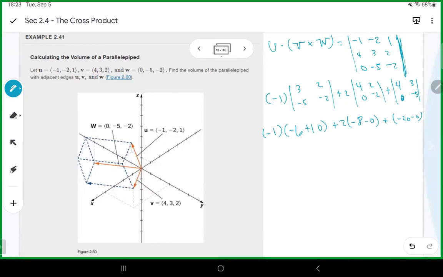We have to work this out. 2, -4, -16, -20. And that gives us a -40.